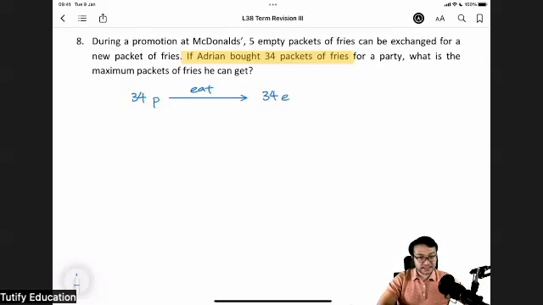When I write the letter E, it means empty, okay? Now, whenever you have empty packets, you bring them back to McDonald's and you exchange them. So 34 divided by 5.